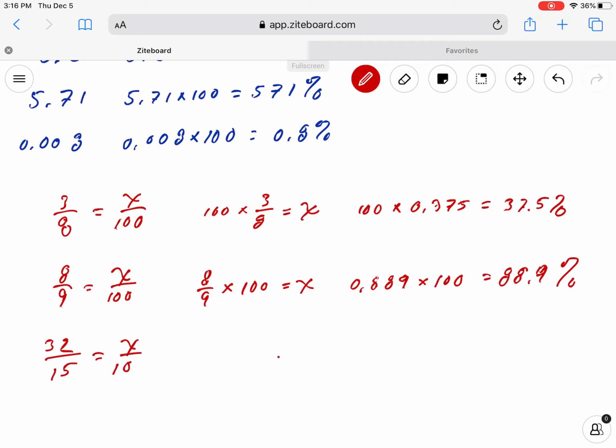So again, I remind myself by setting up my proportion. Multiply both sides by 100, so that's 32 divided by 15 times 100. And 32 divided by 15 in decimal form is 2.133, rounded off, multiplied by 100, and that's going to be 213.3%.